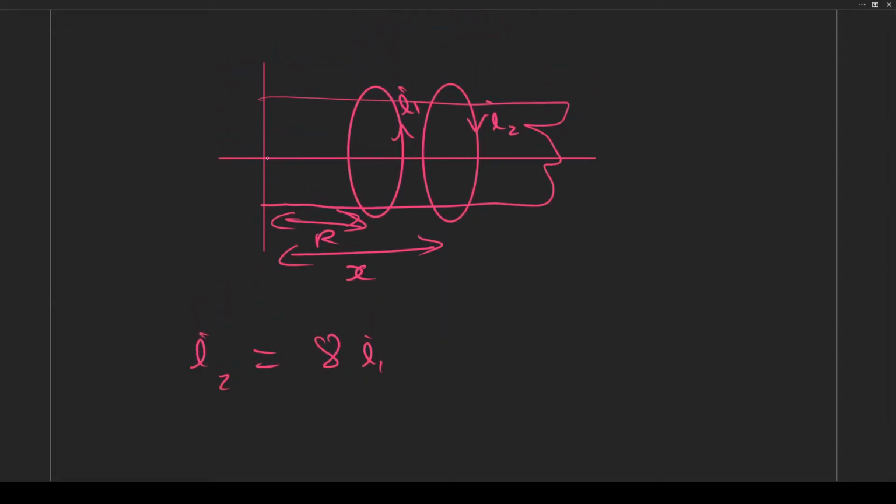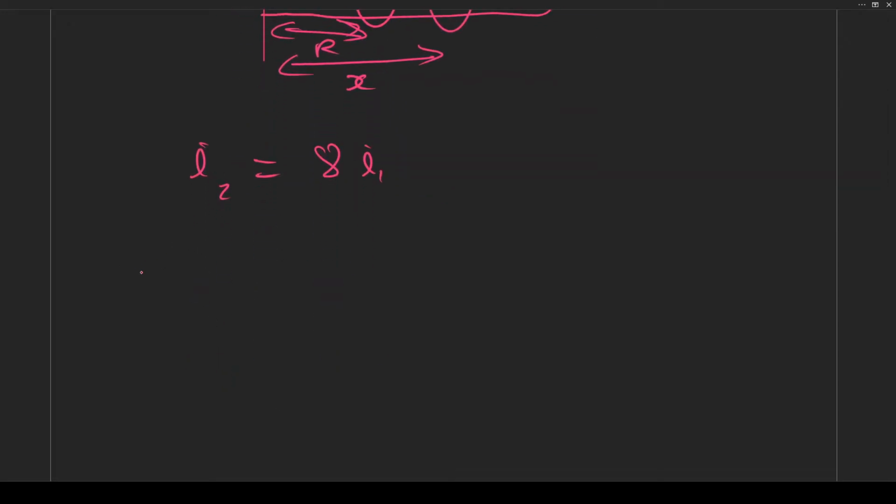If this is the origin, and here at origin B net is equal to 0, then what should be the distance x? Basically the distance between the origin and the second loop. B net is equal to single loop B due to I1 minus, or yes, B due to I2 is equal to 0.